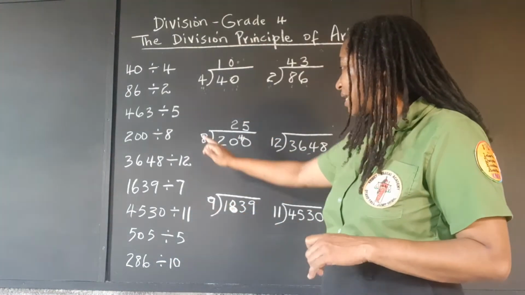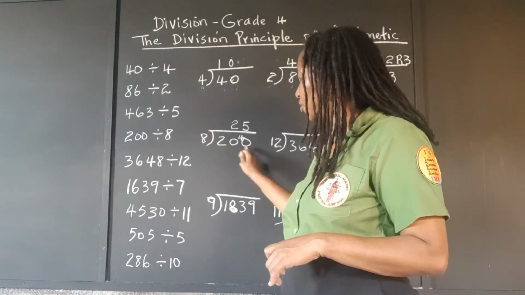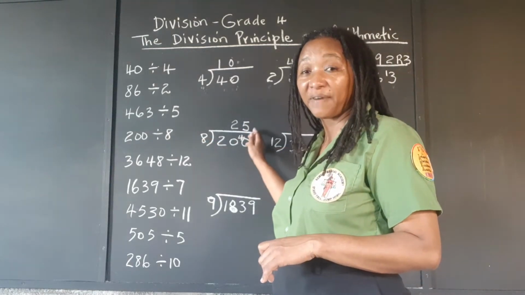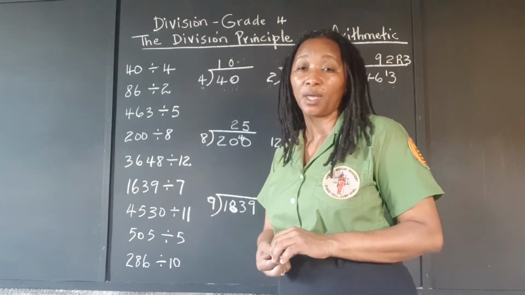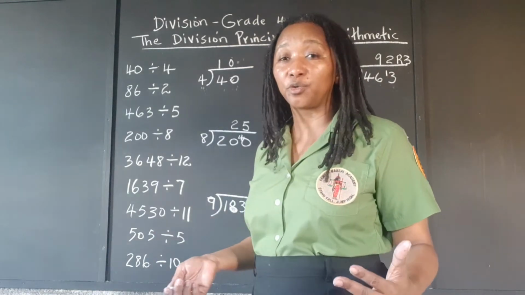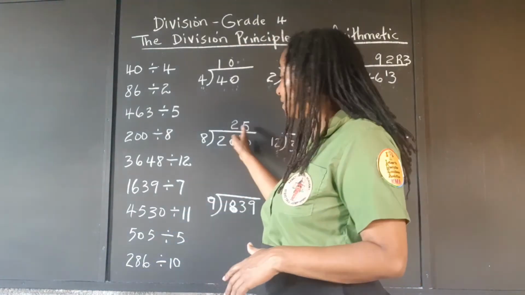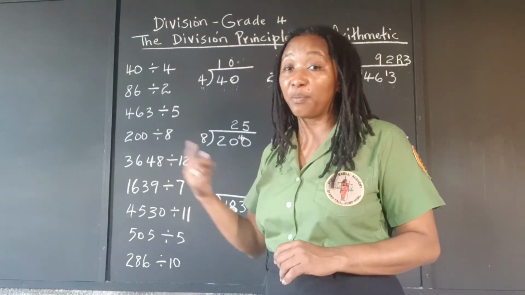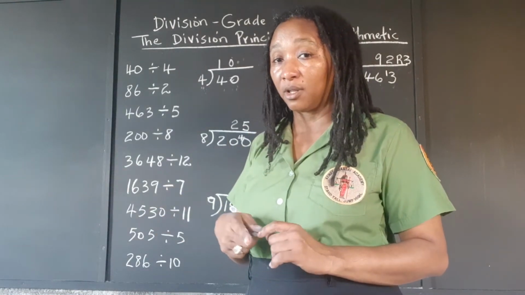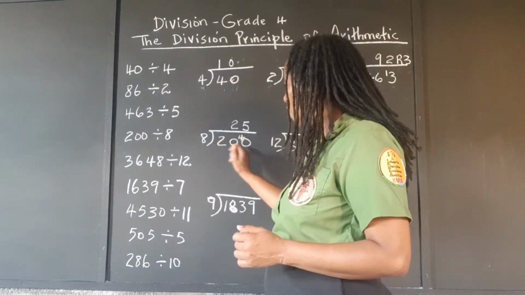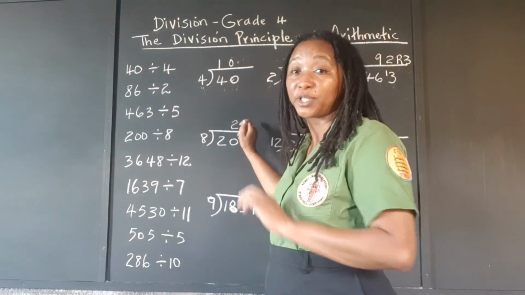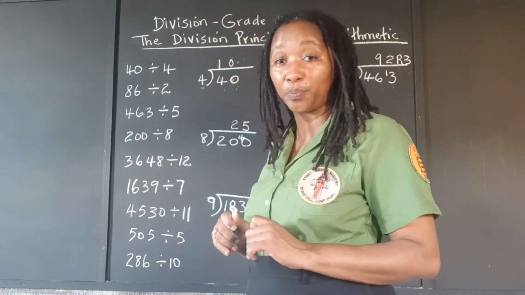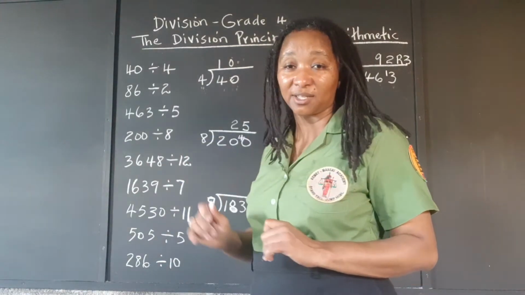So that means 8 goes into 200 25 times. If we divided 200 into groups of 8, we would get 25 groups of 8. And remember, we can do the opposite. If we divided 200 into groups of 25 in each group, we would get 8 of them.